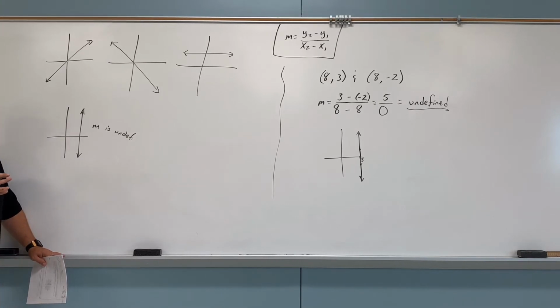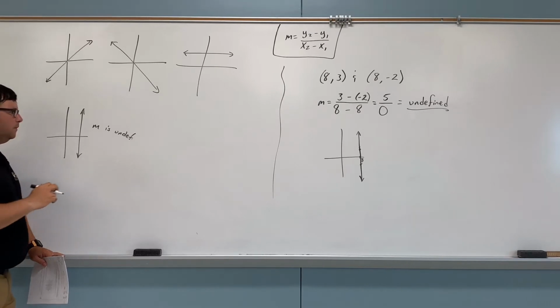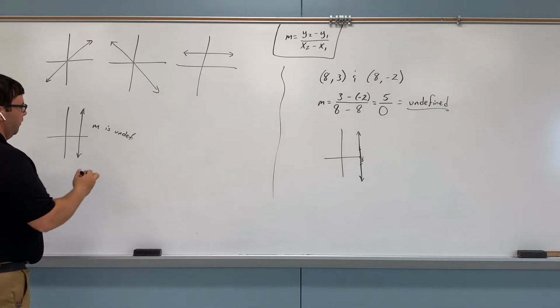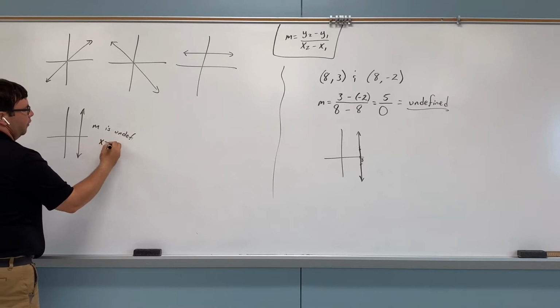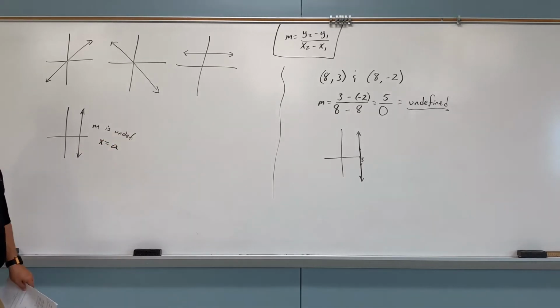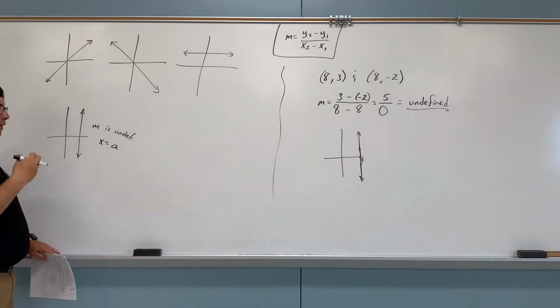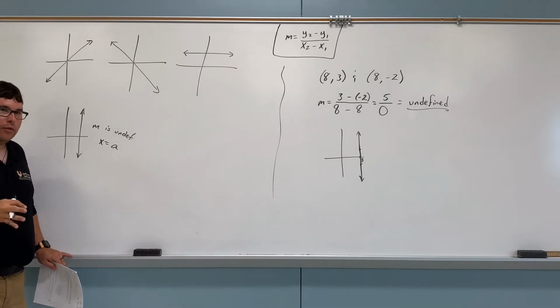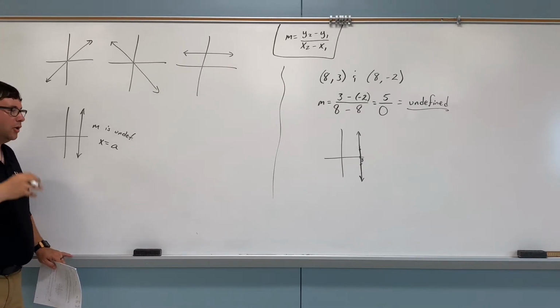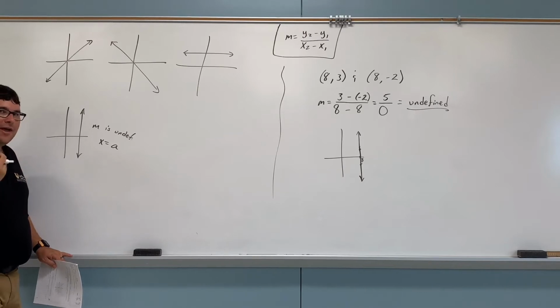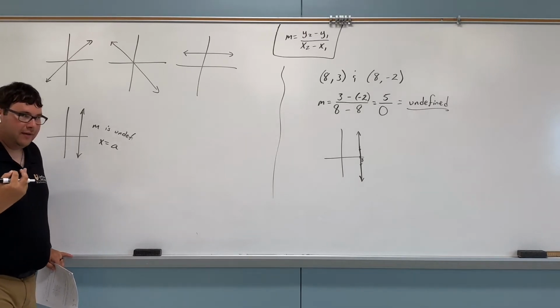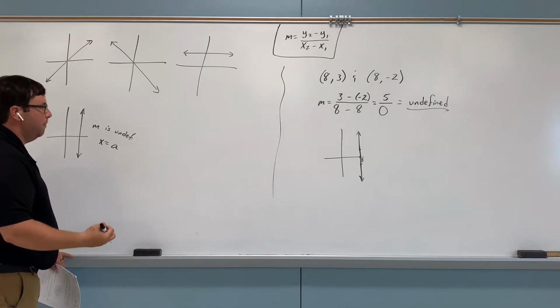So slope is undefined for vertical lines. Very, very interesting. Now, remember, a vertical line is of the format x equals a. So whenever you're looking at x equals a value, there's no other y variables or anything of that nature, x equals a, that is a vertical line and it has undefined slope.